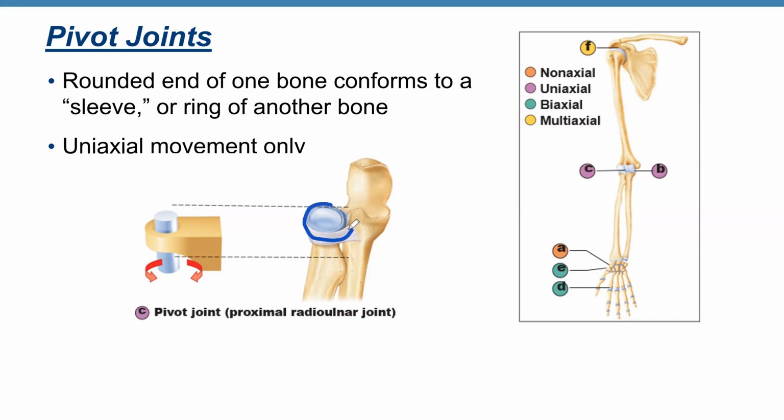And here we have the capsule, because it's a synovial joint. This allows you rotation, but rotation happens in one direction only, right? So it's a proximal radial ulnar joint, pivot joint, uniaxial movement.